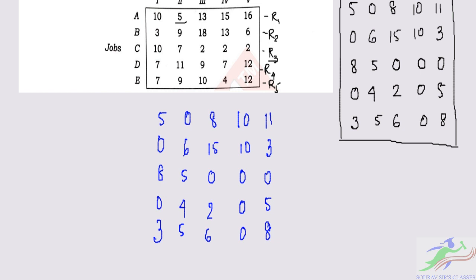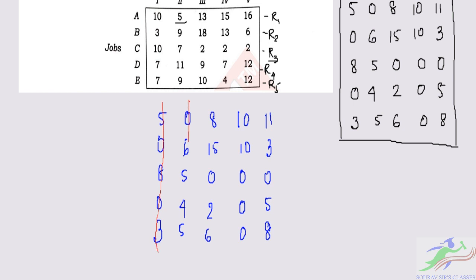Now the second important thing we have to do is cover all the zeros by the minimum number of horizontal and vertical lines. So here we have one 0, so this is one vertical line.